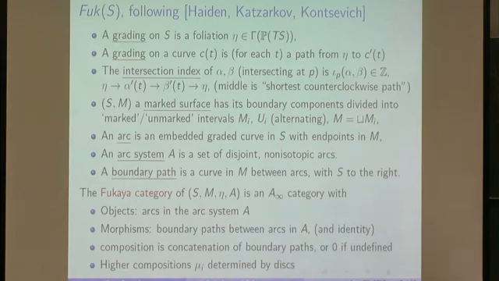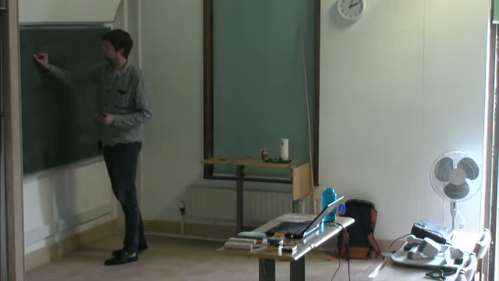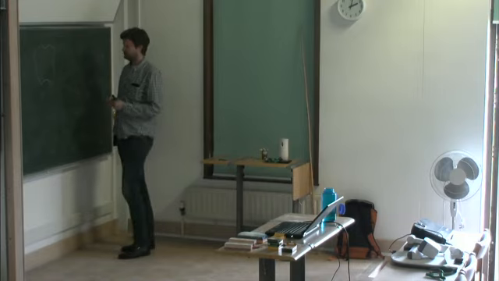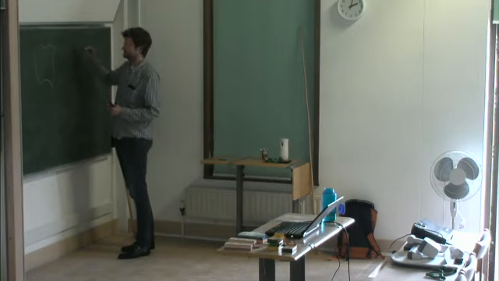Okay, so objects in this category are arcs in the arc system. Morphisms are boundary paths between arcs. Maybe I should draw a picture. Let me draw a disk with four marked intervals. Let's say M is in yellow.